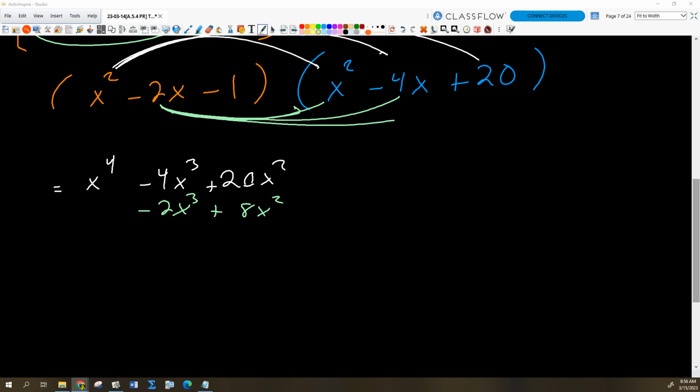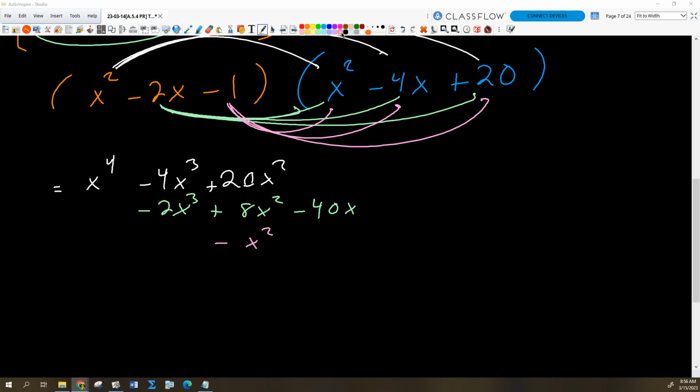Okay. And then finally, okay, good. And then finally, if I distribute that negative 1, Trenton, what's that going to give me? Negative x squared, positive 4x, negative 20. Okay, good.